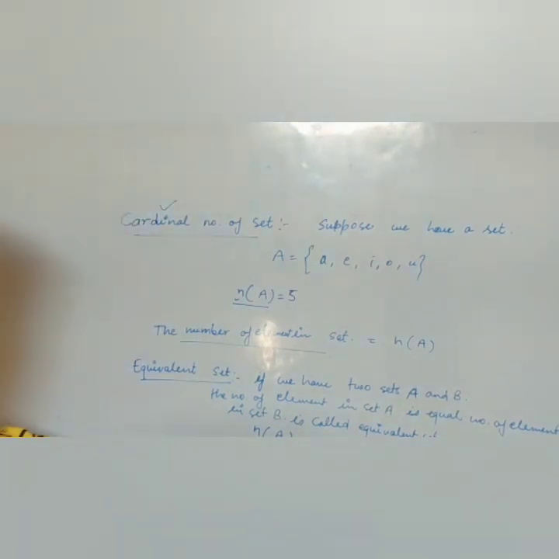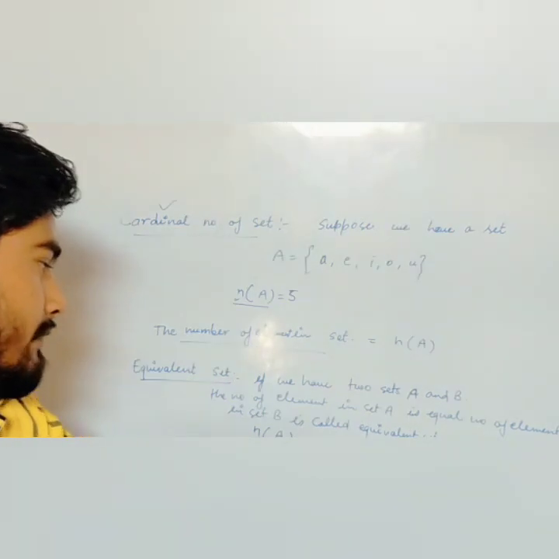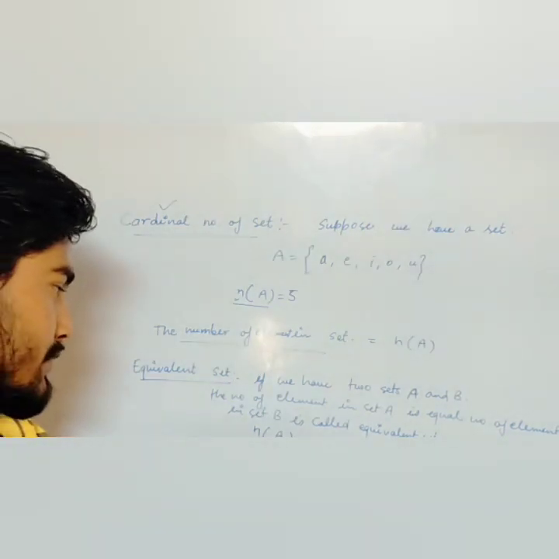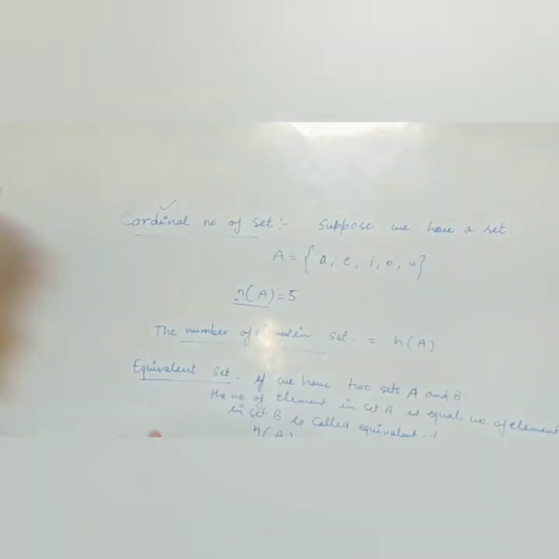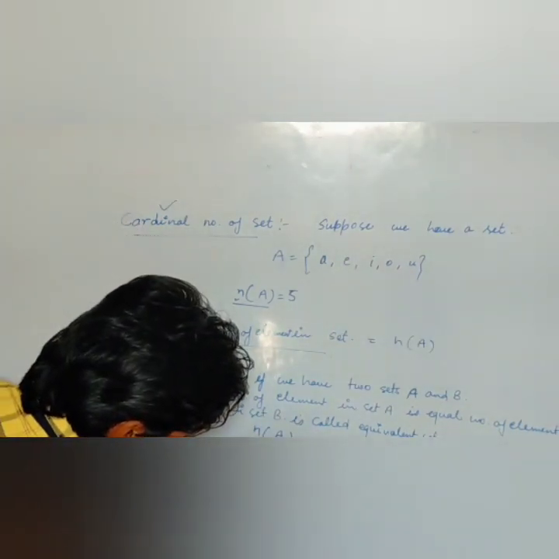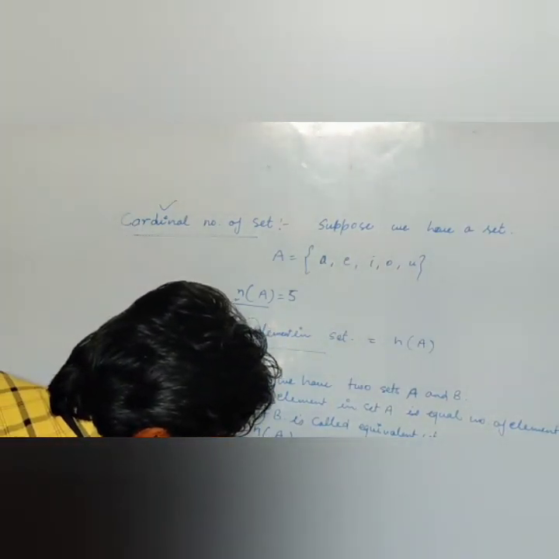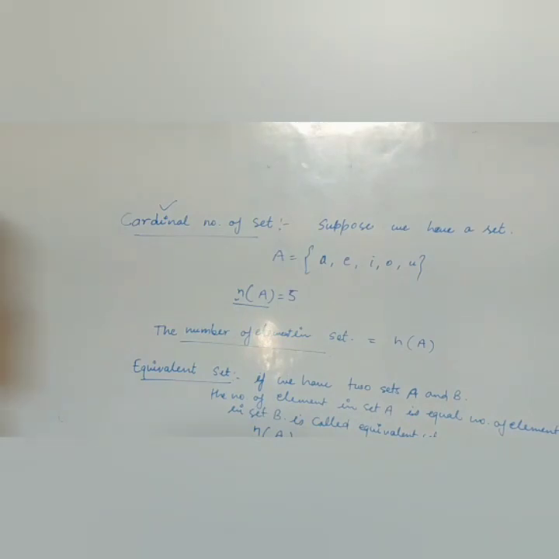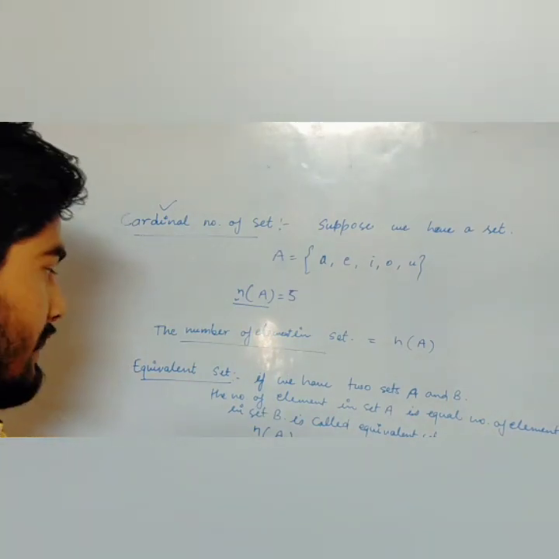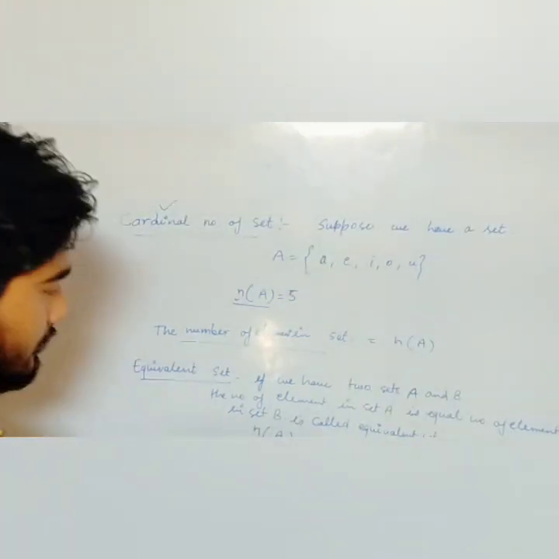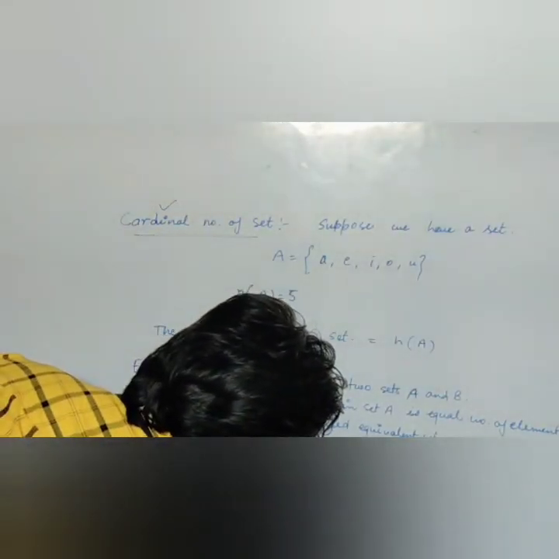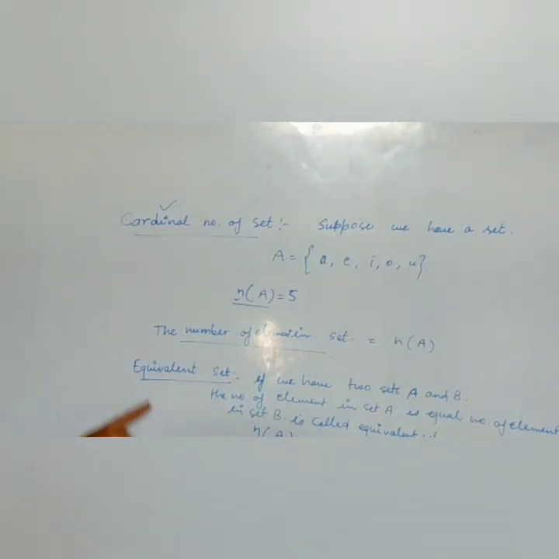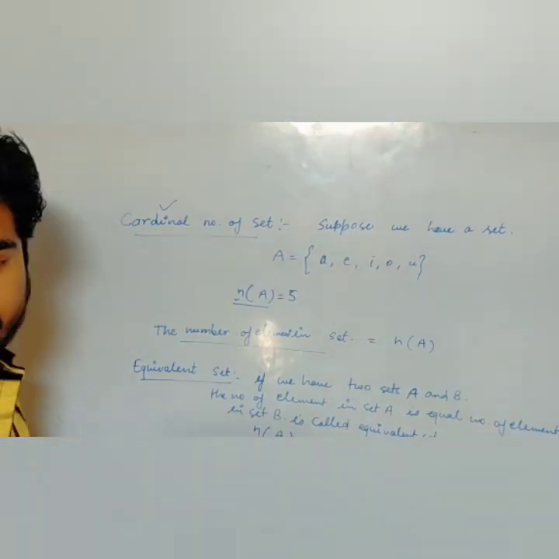The number of elements is 1, 2, 3, 4, 5 in A, and 1, 2, 3, 4, 5 in B. So this is 5 and 5, so n(A) is equal to n(B). The cardinal numbers of sets A and B are the same, so this is an equivalent set. Okay. Next.